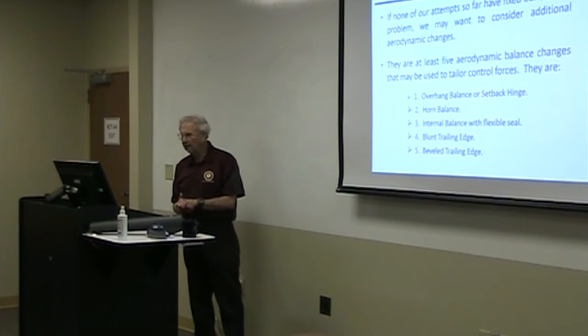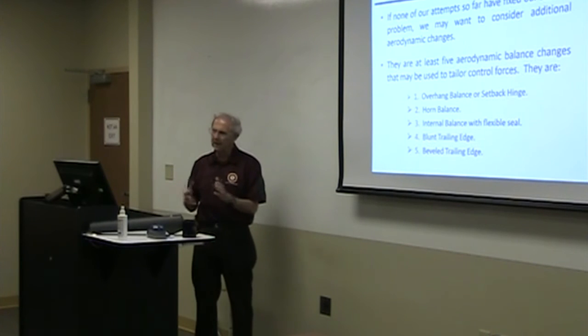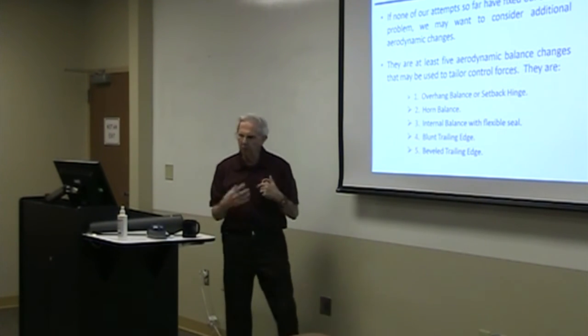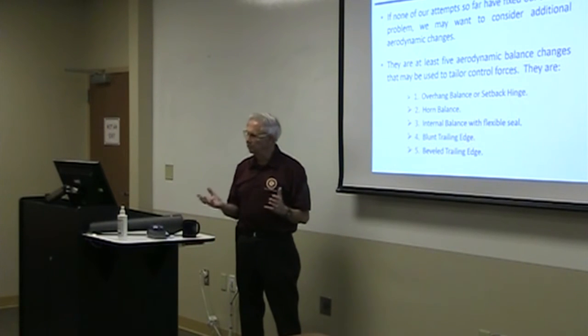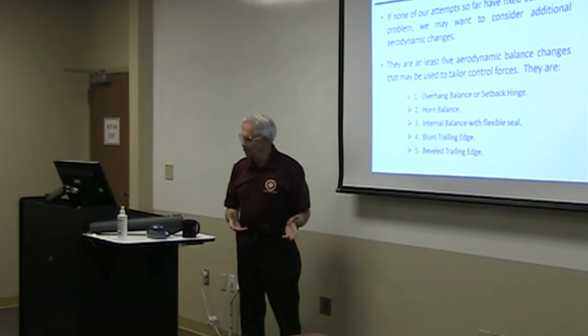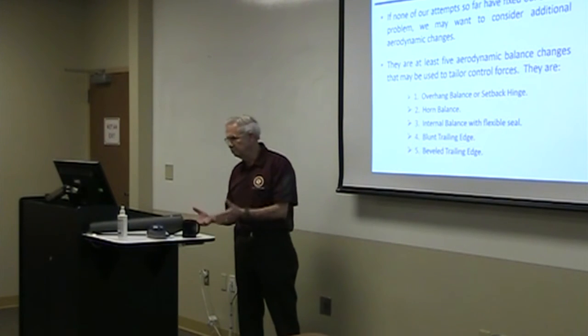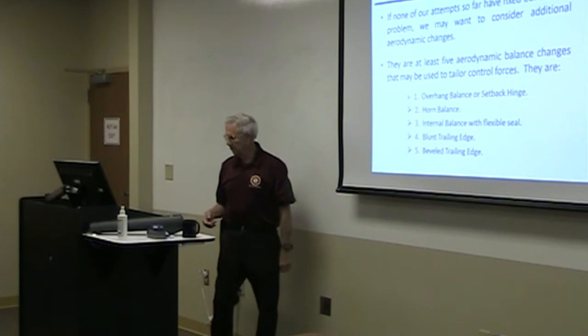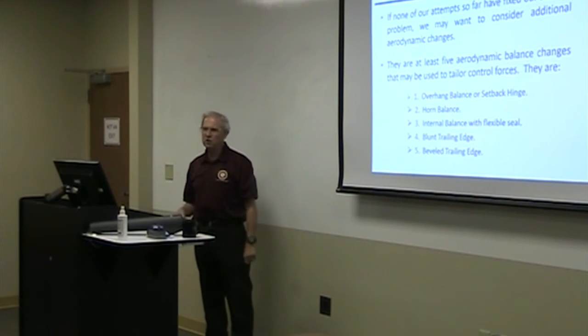Okay, aerodynamic balance. Well, like I say, we're getting more complicated as we go here, all right? Fairly easy to change a tab or change the control system to move the tab differently. You know, the simplest thing are the springs and weights. Next more complication is the tab. The last complication is changing the surface area of either the elevator, the stabilizer, or both.